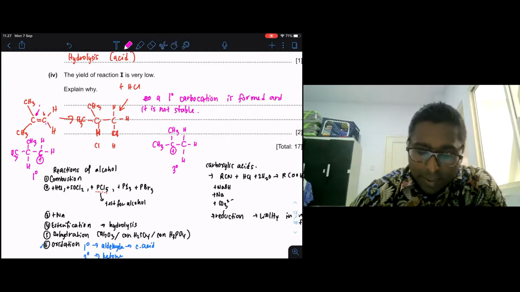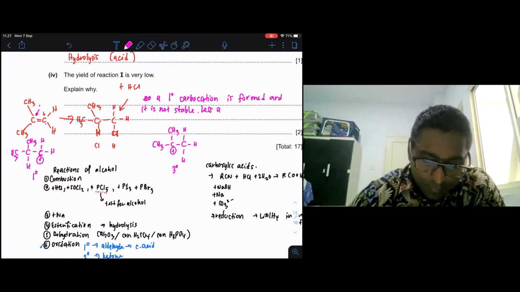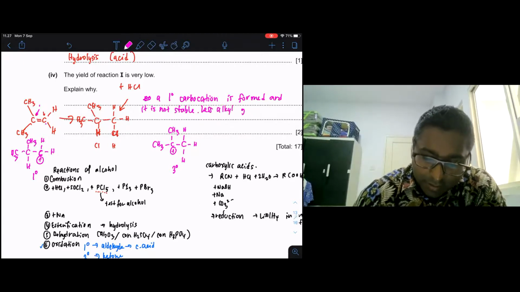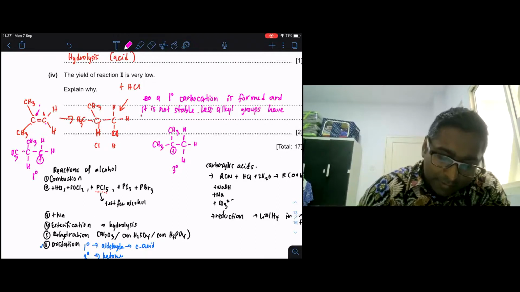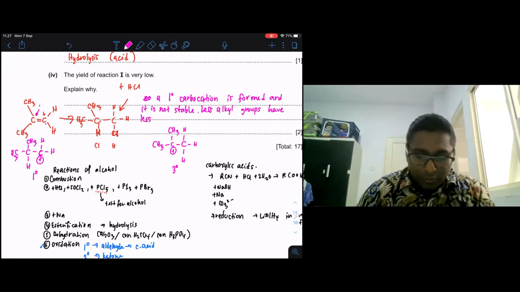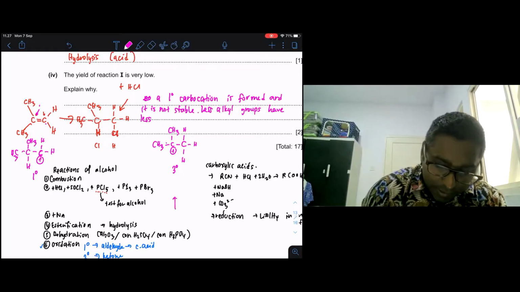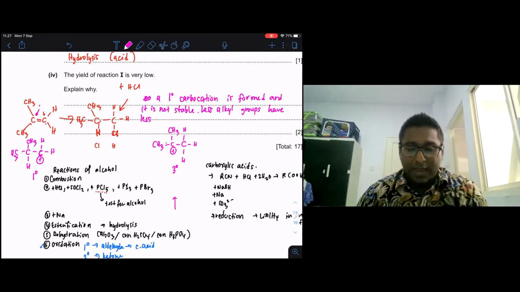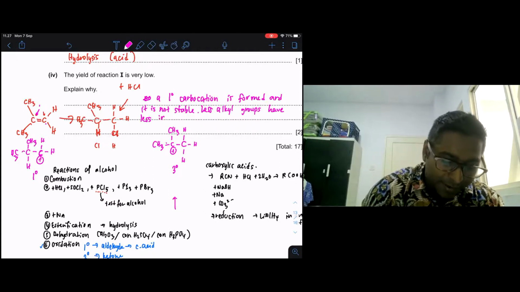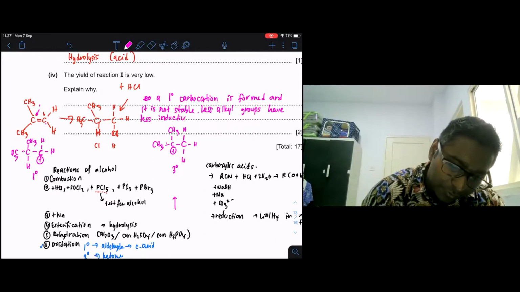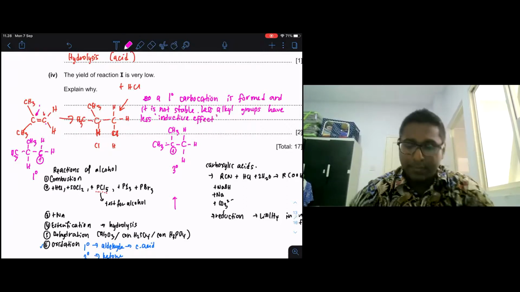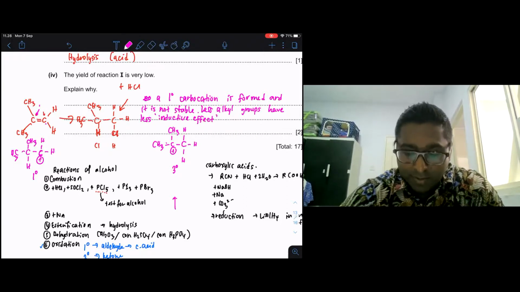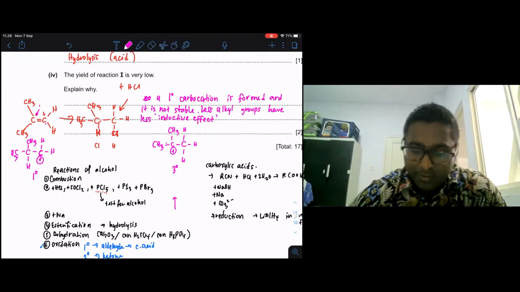Less alkyl groups will donate less electron, they will push less electron over there. So it means they have less inductive effect. Okay, this is something new. Less alkyl groups have less inductive effect.